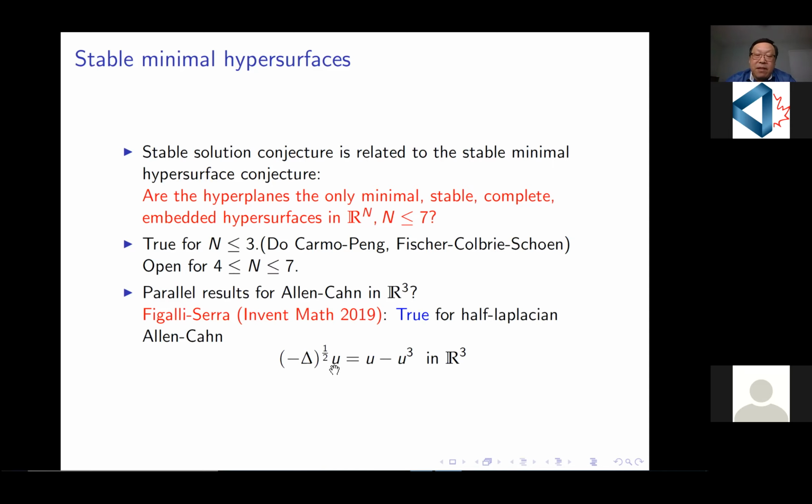If you replace the Laplacian by the square root of the Laplacian and use the same Allen-Cahn equation, then all stable solutions in 3 dimensions are 1-dimensional. I think this is quite interesting. It shows the original stable solution conjecture should be true, but this is still a big open question. If some young people come up with a good idea to solve this problem, maybe in the next 10 years, I hope so.